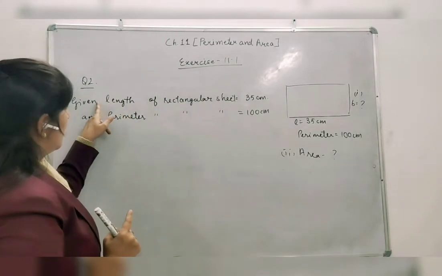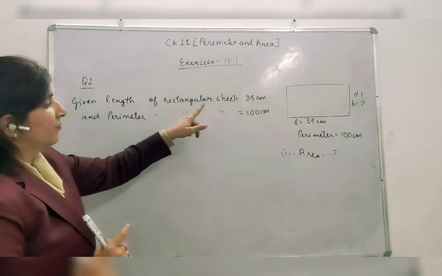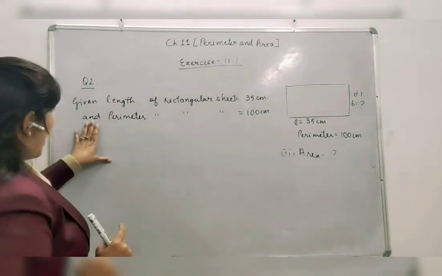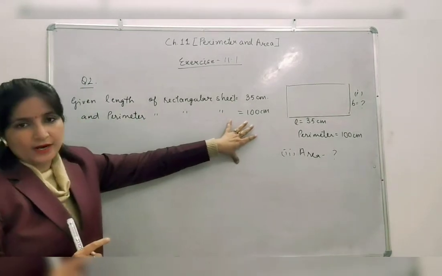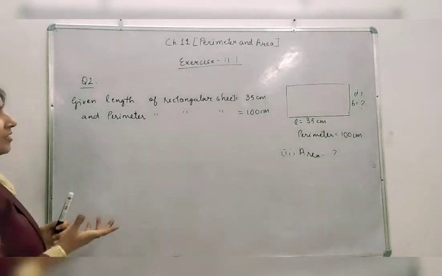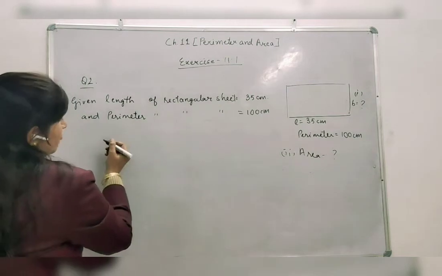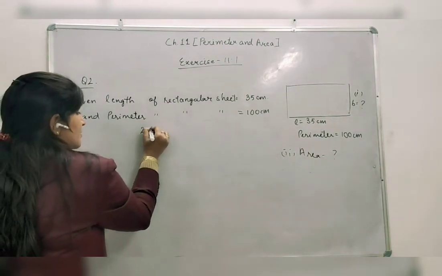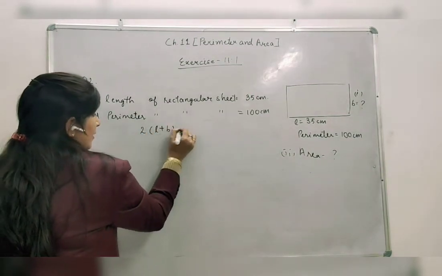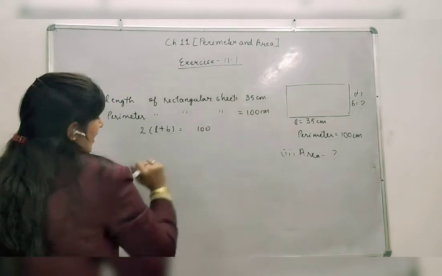So first of all, we will write: given length of the rectangular sheet is this much and perimeter of the rectangular sheet is 100 centimeter. As we know the formula for the perimeter of a rectangle, we can write it here: twice into length plus breadth equals 100, as it is given.